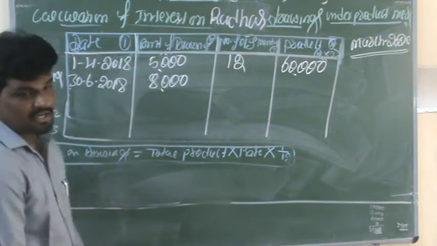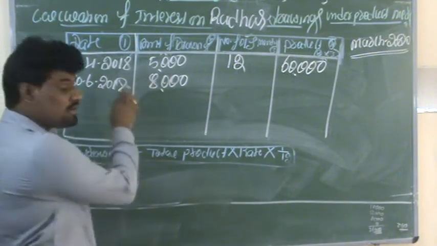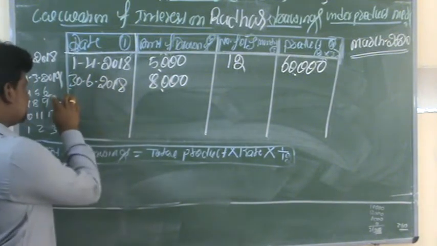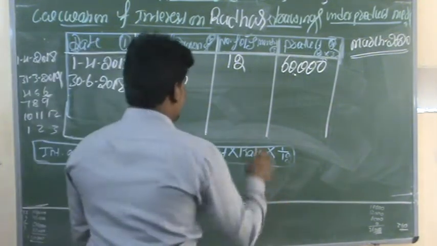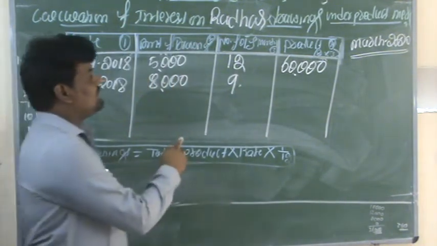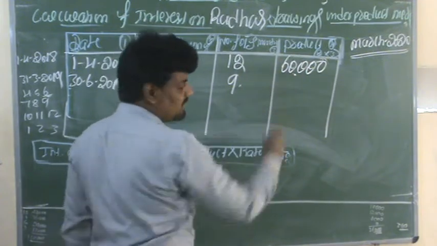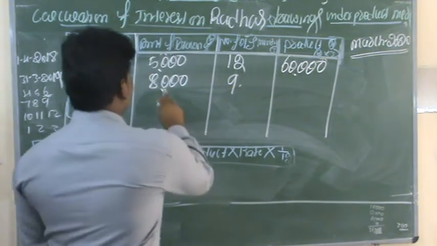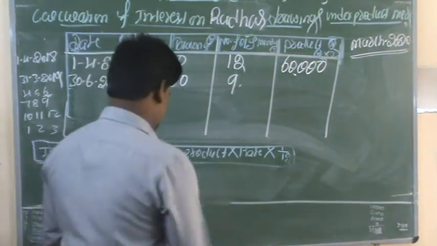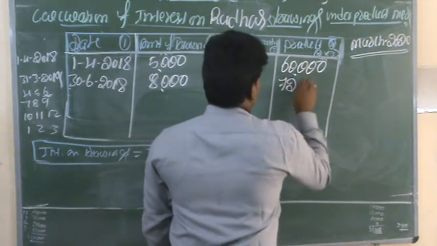This is the total outstanding period. June is the end of the month, so no need to take that month. After this, the outstanding period is 9 months. So finally we multiply the second and third columns to get the product. Now multiply 8,000 into 9, which is 72,000.